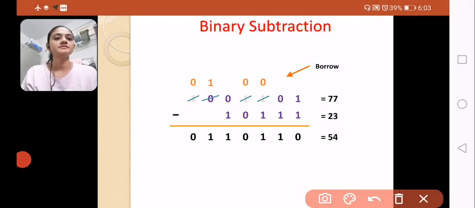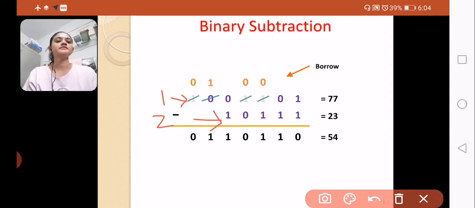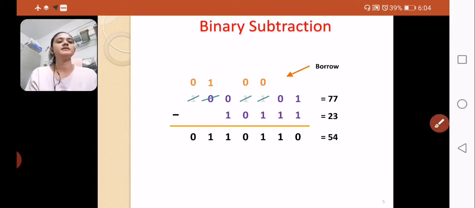First number is given 1001101 and the second number is given 10111. Now we are asked to subtract these two binary numbers.